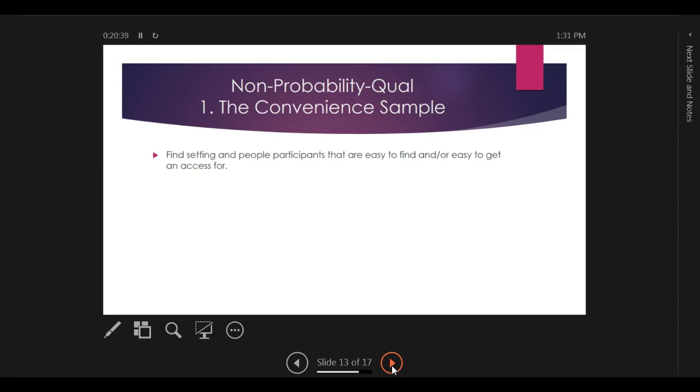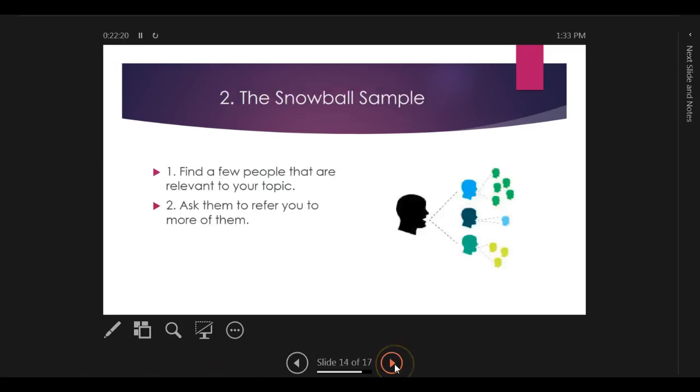You're conveniently choosing the school, and you're conveniently choosing the teachers because of accessibility reasons, and easily getting access to them. Okay, so we understand now convenience sampling.